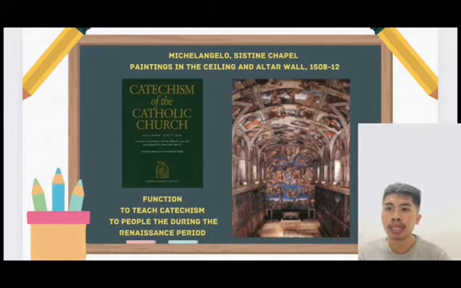The ceiling was painted at the commission of Pope Julius II. Its importance in the history of art cannot be overstated. It turned into a veritable academy for young painters, a position that was cemented when Michelangelo returned to the chapel 20 years later to execute the Last Judgment fresco on the altar wall. The overall theme of the Sistine Chapel paintings is the relationship between humans and God.